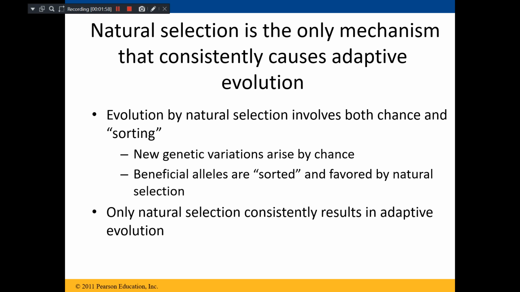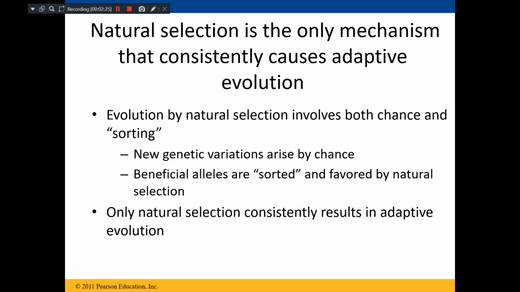So, evolution by natural selection, as I have told you, involves both chance and sorting. Evolution is a mere chance, and natural selection selects. At the same time, natural selection also sorts among the hundreds or thousands of variations presented to nature. Nature will sort only few.